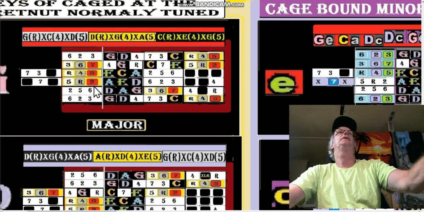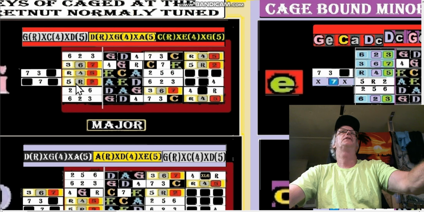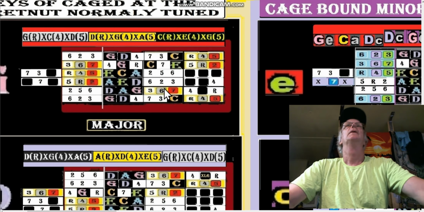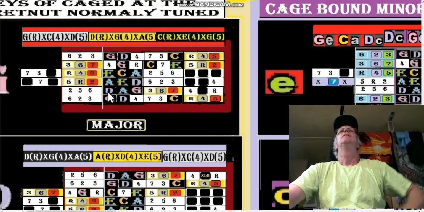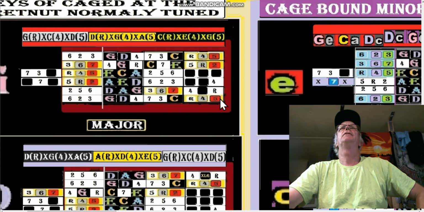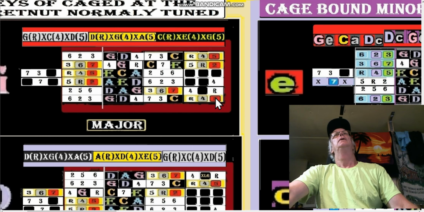Okay, whereas that's also the seventh, it's not the seventh for the fifth. Okay, the 5 has a dominant seventh. All right, so we'll just look at that 4 to the 5 right there. It's a dominant seventh in the third position.